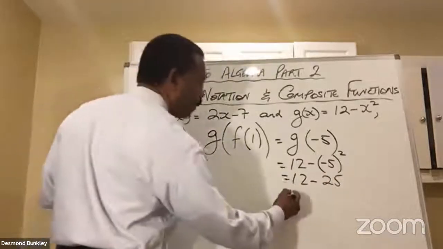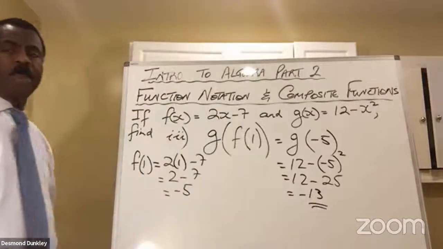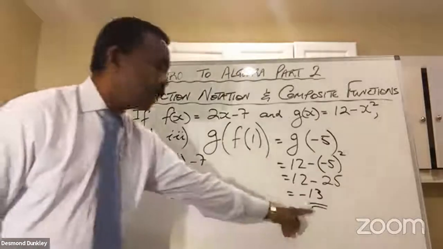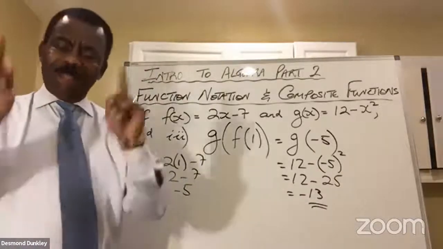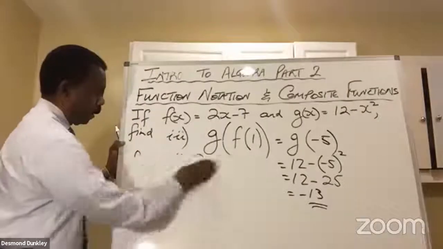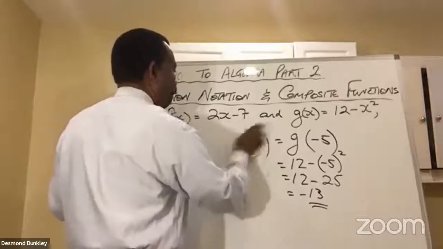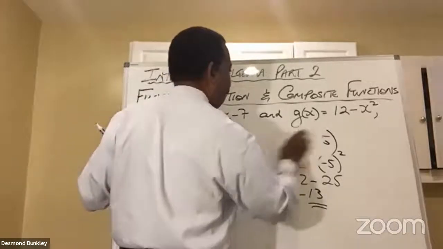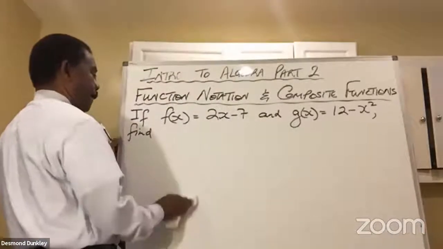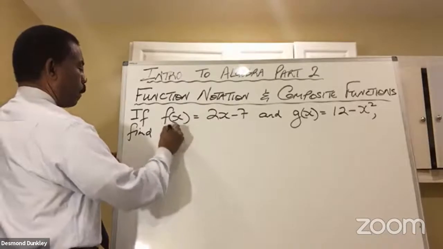And 12 take away 25 gives me -13. So this expression actually works out to be equal to -13. Let's try another one. Number 4.